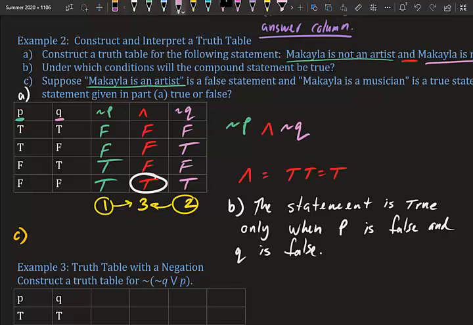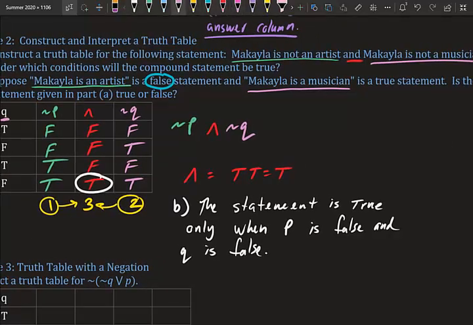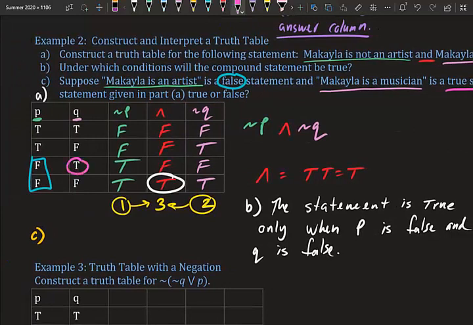Michaela is a musician is Q. So for our P's, it's telling us that it is false P. So false P and true Q. So Q is true. So then we're talking about this row right here. So if we talk about that row, is it true or is it false? It is false.